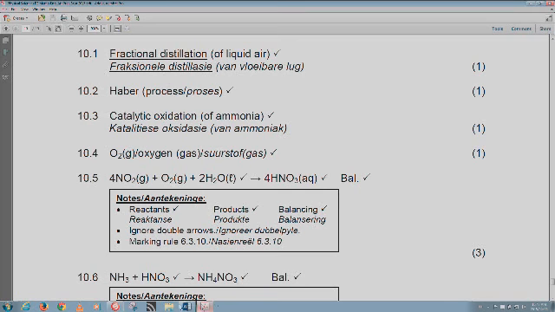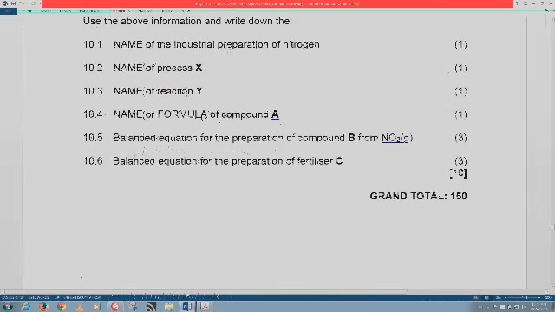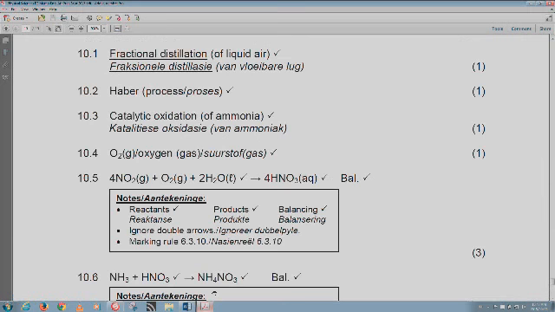And then 10.4 there, write down the name or the formula of compound A. So the name or the formula of compound A is O2 if it is the formula, or oxygen if it is the name.